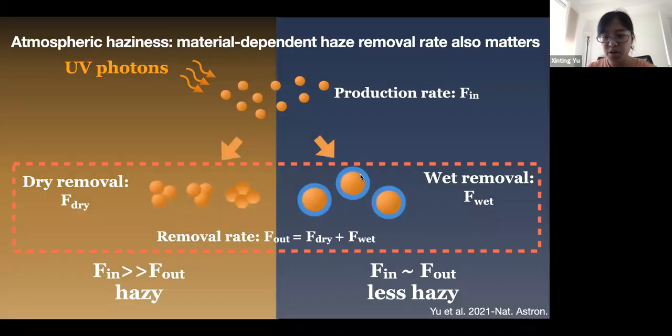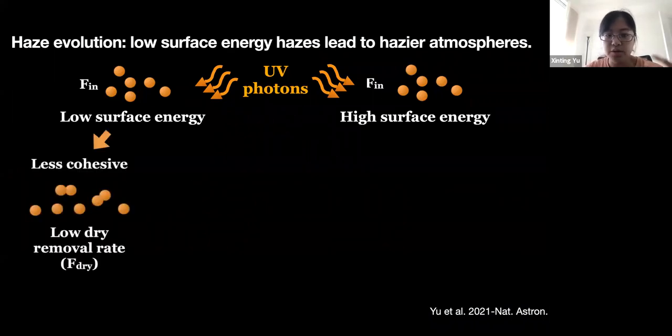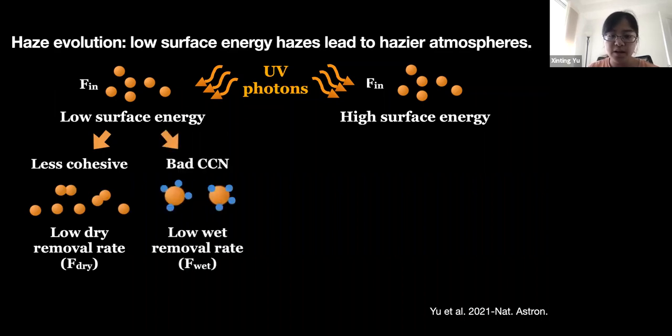So now I'm going to remind you back to this production and removal mechanism stuff. Let's look at the fate of low surface energy hazes and high surface energy hazes. Okay, so low surface energy hazes, because they're less sticky, have low dry removal rates because they can't grow to bigger particles easily. And because they're less sticky, they also don't stick to condensates very well, so they would tend to have low wet removal rates.